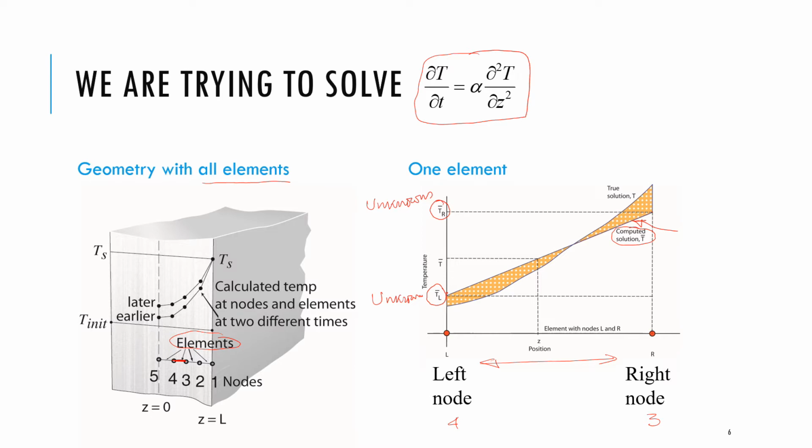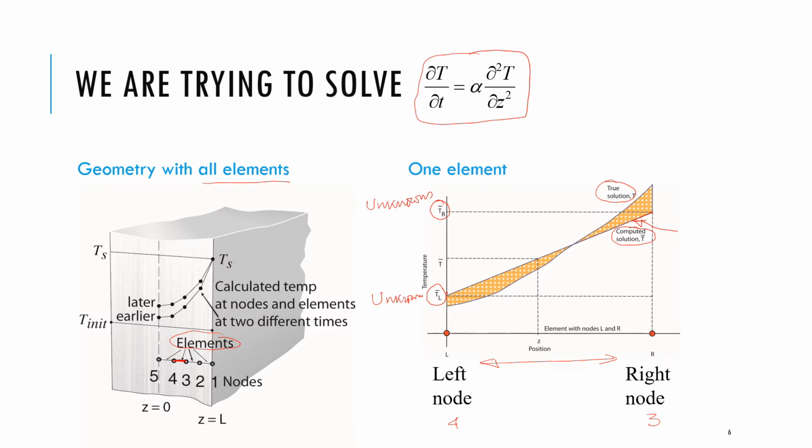I have superimposed the true solution, which of course is an unknown, just to contrast what we are going to compute with the true solution. Now, there's no reason that this solution that we are going to compute, which would be some sort of approximate solution, would be exactly equal to the true solution.